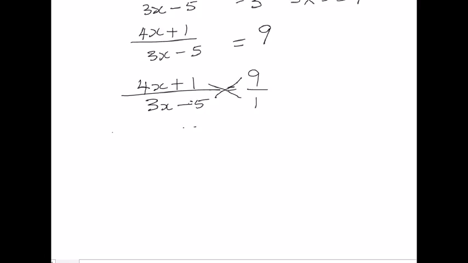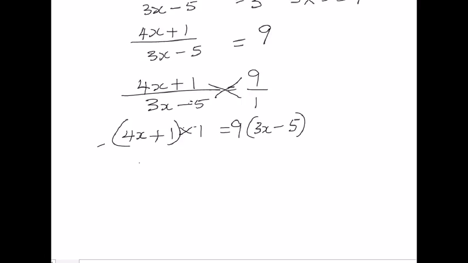So we are going to have (4x + 1) multiplied by 1 equals 9 times (3x - 5).